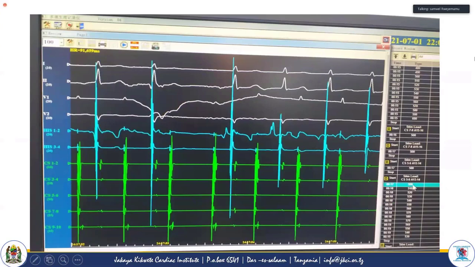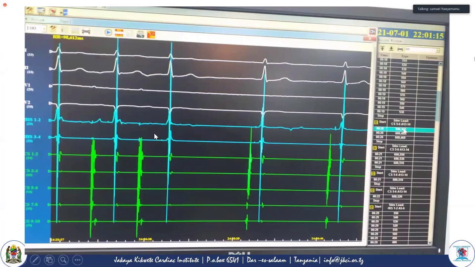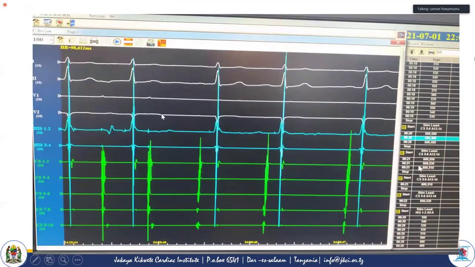As you go on, you find that this atrial signal is followed by a V signal, but as you keep pacing, you find an atrial signal that is not followed by a ventricular signal. The loss of the ventricular signal here is what we call antegrade Wenckebach, because we are pacing the atrium but there is no capture in the ventricle. It is called antegrade because we are pacing from above to down.